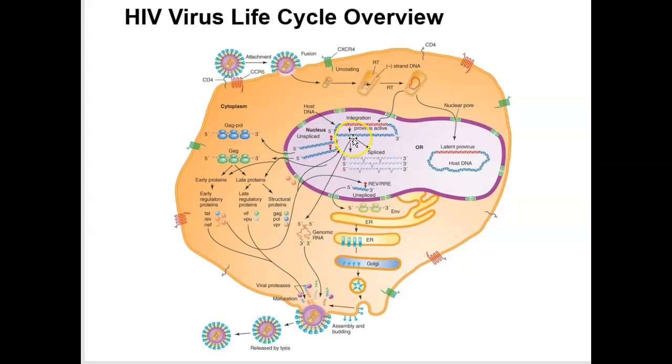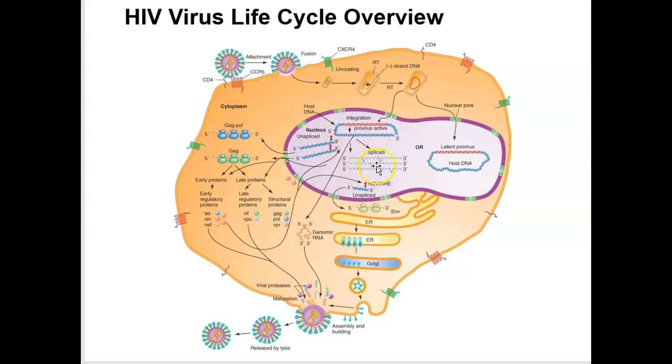So we're going to use the host RNA polymerase to make viral messenger RNAs. The host RNA polymerase is dependent upon transcription factors that are in the 5' terminal repeat, the 5' LTR, and it's going to start making our viral messenger RNAs.